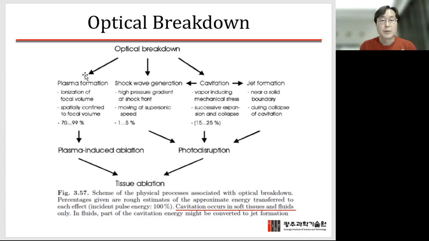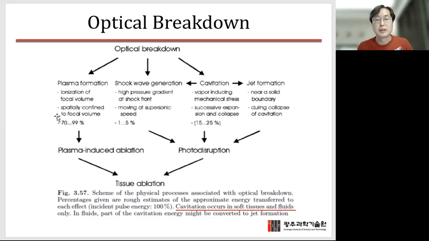And then the plasma is going to be spatially confined within the focal volume because the plasma itself cannot be easily formed. It will form only in the focused area with a very high power density. So about 70 to 99% of the optical breakdown energy is plasma formation.